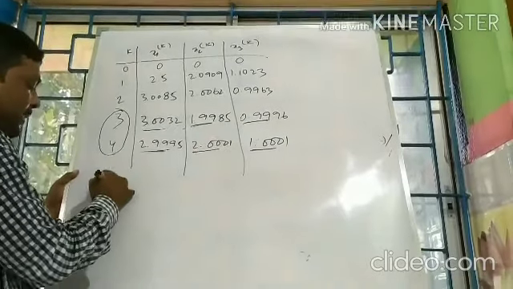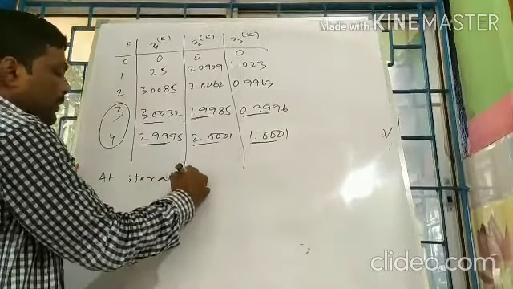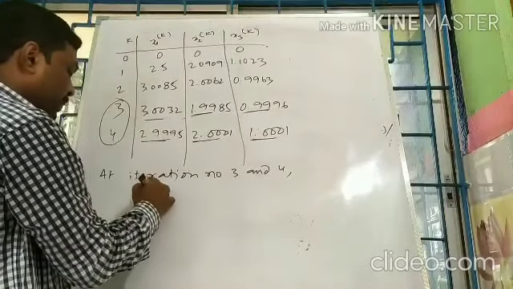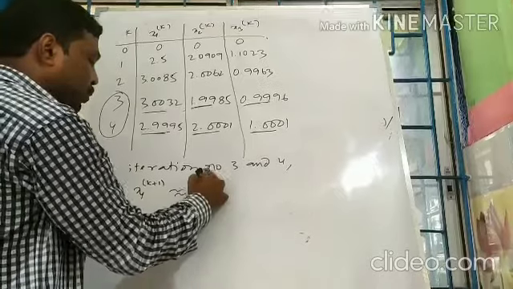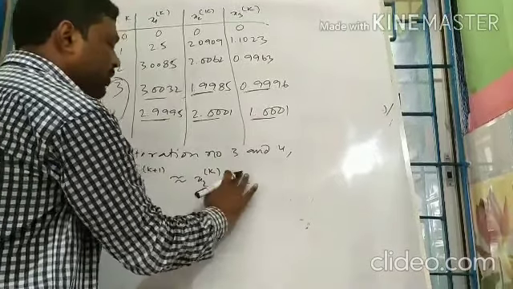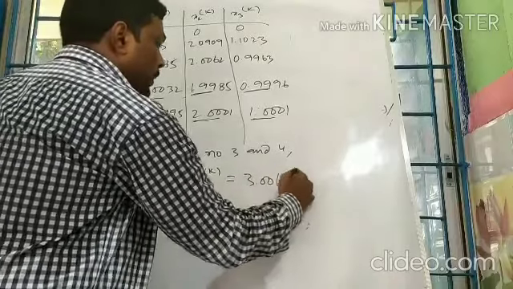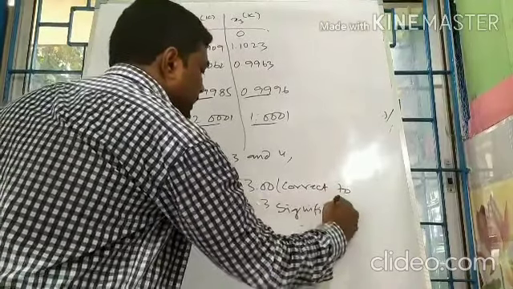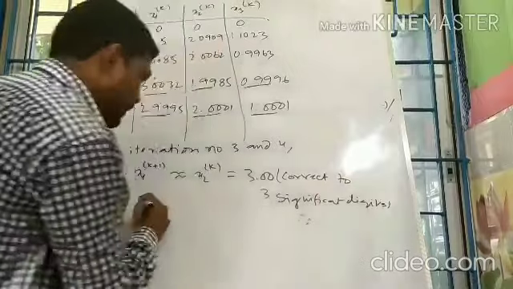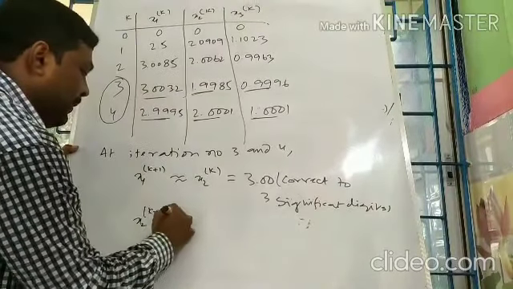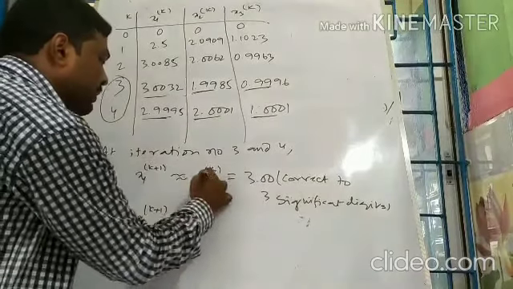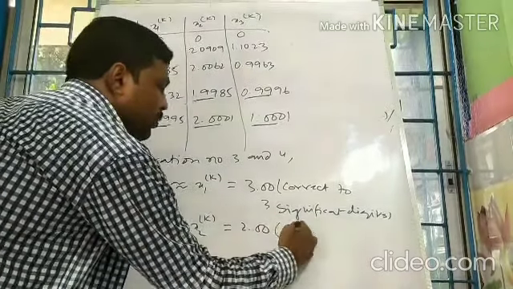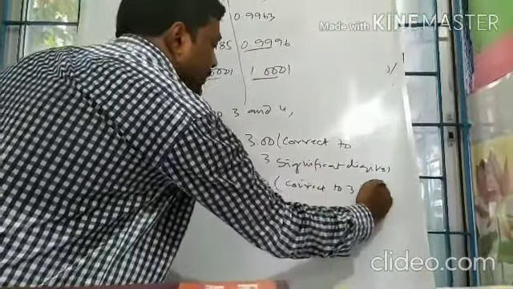So write: at iteration number 3 and 4, x1 (k+1) is approximately x1 (k), that is 3.00, correct to 3 significant digits. x2 (k+1) approximately x2 (k) equals 2.00, correct to 3 significant digits.